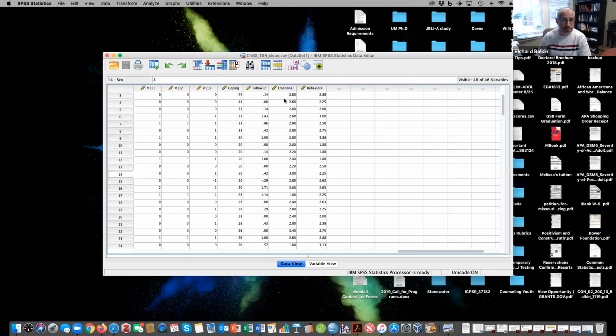Then we're going to look at coping and follow-up. For coping, the higher the score, the more coping we have, and for follow-up, the higher the score, the more committed to follow-up we are. These are two subscales on the crisis stabilization scale.